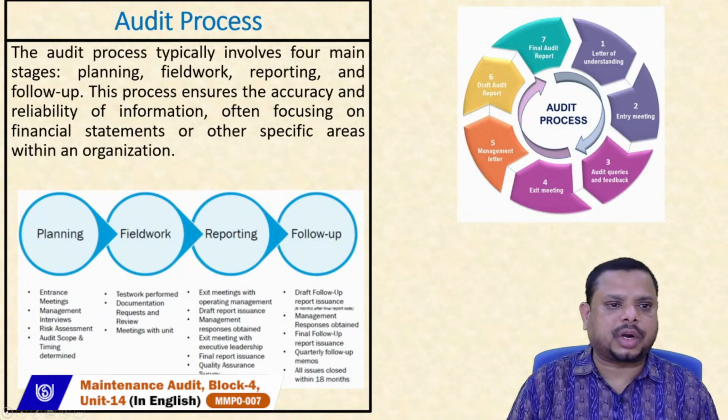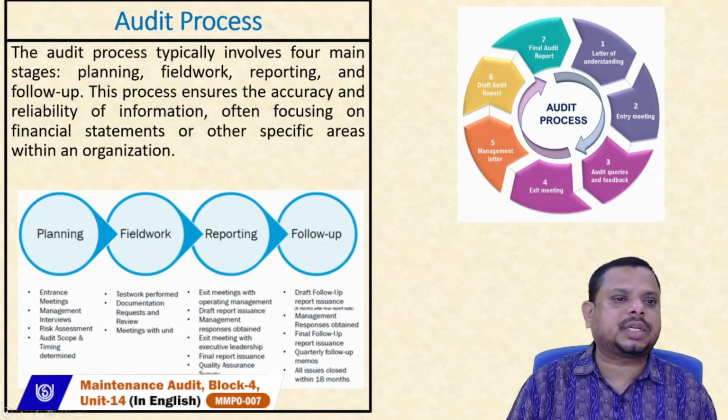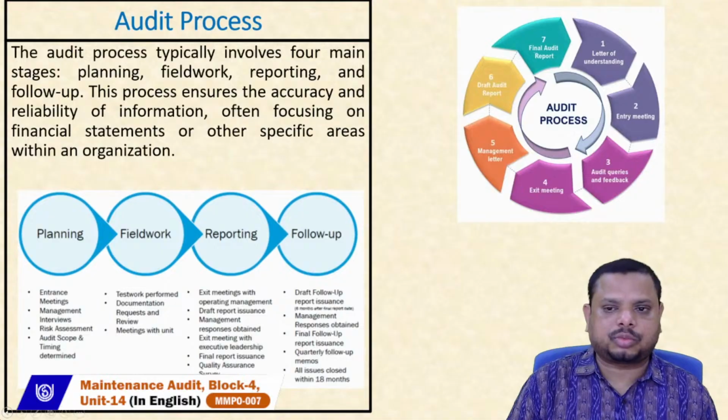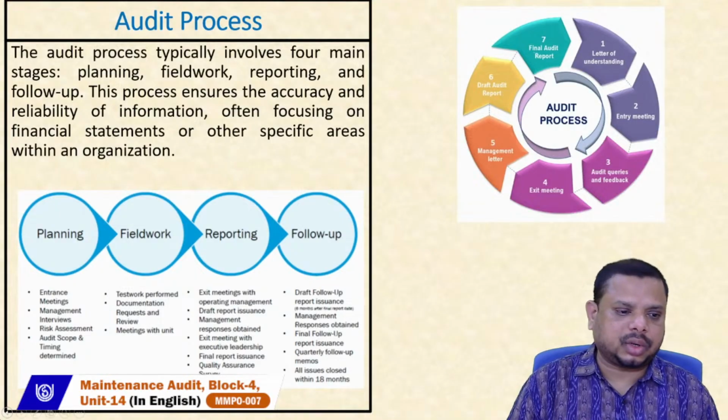The audit process ensures the accuracy and reliability of information, often focusing on the financial statements or other specific areas within an organization. In the first phase, planning, it includes entrance meetings, management interviews, risk assessment, and audit scope and timing determination.